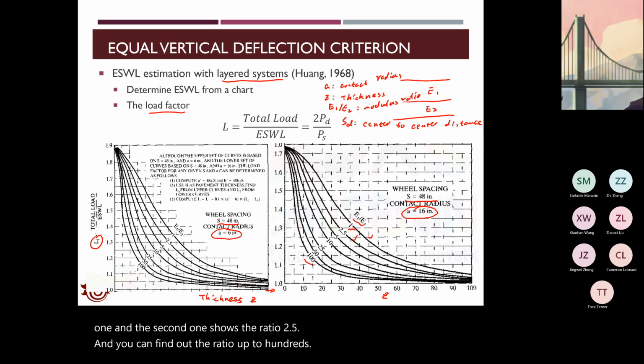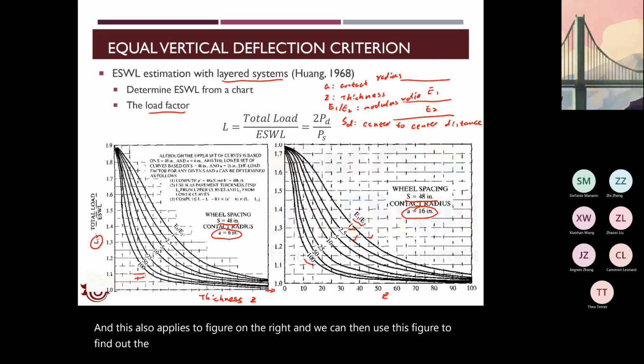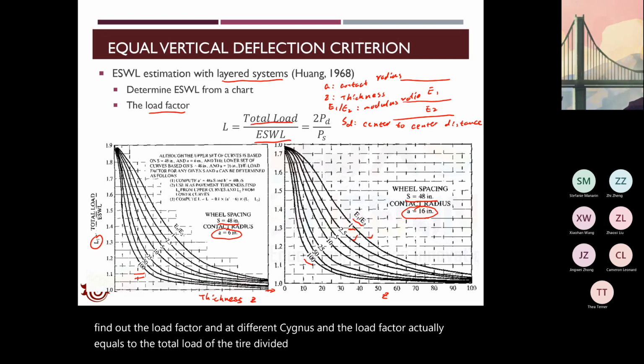This also applies to the figure on the right. We can then use these figures to find the load factor at different thicknesses. And the load factor equals the total load of the tire divided by the ESWL, which will be 2 times PD.